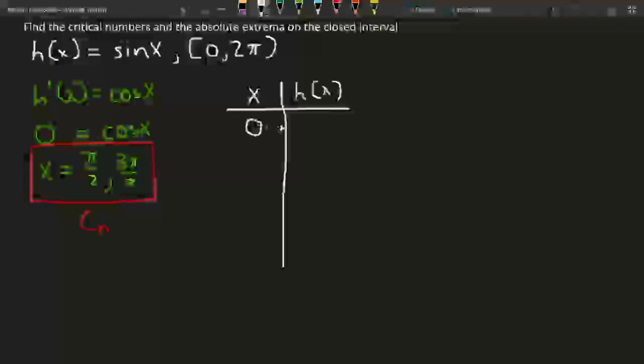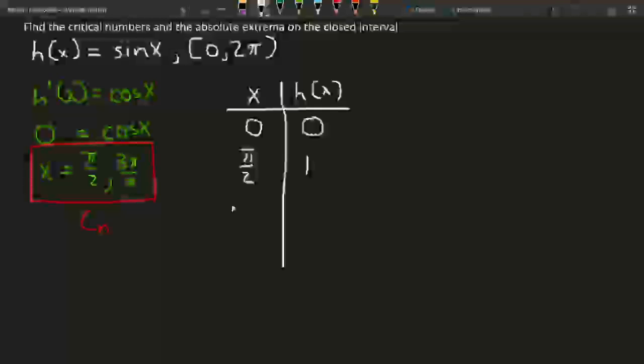So when x is 0, h of x is equal to 0 as well. Now we'll go with the second lowest value, so pi over 2. When x is pi over 2, sine of pi over 2 is equal to 1.